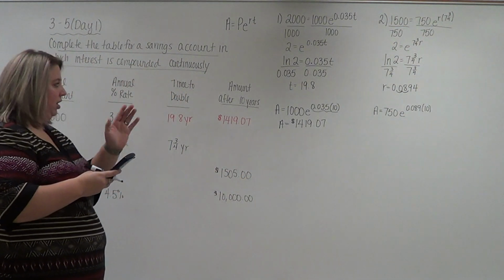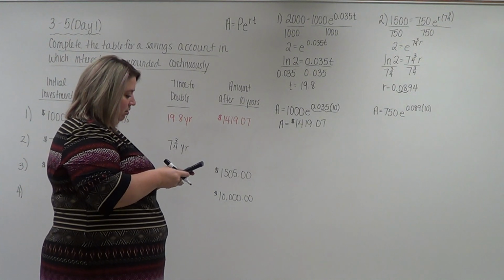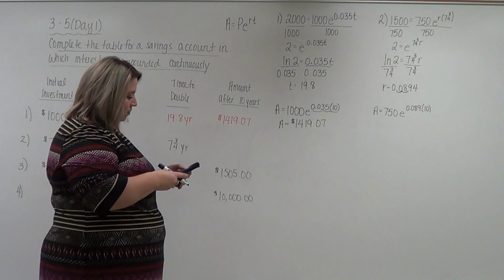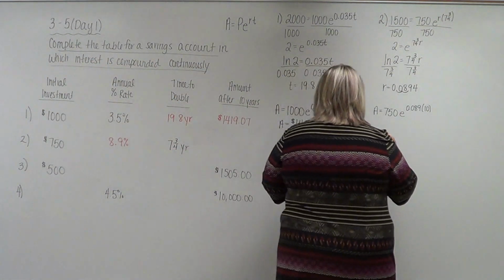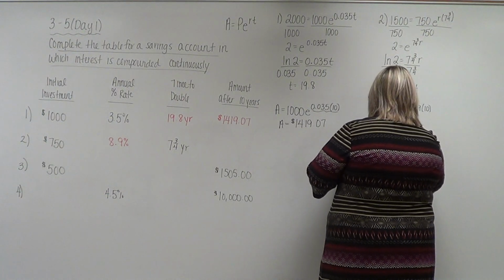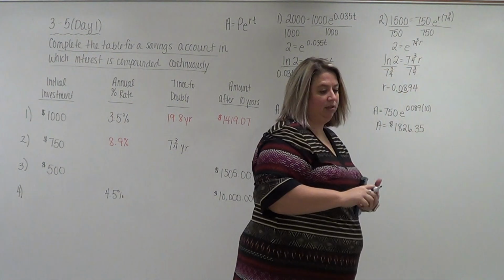Same thing, make sure you do the e first before you multiply by 750. So you would get $1,826.35.